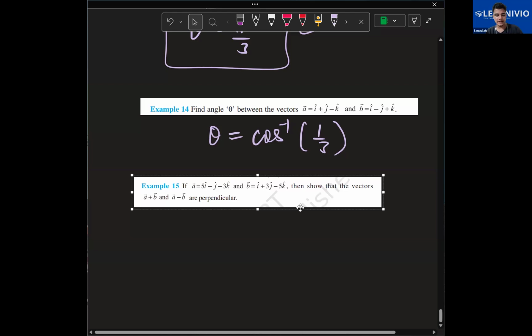If I have a condition like A and B vectors are perpendicular, so what should be the condition? What should be their dot product?